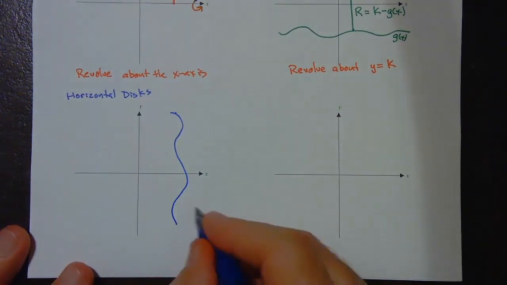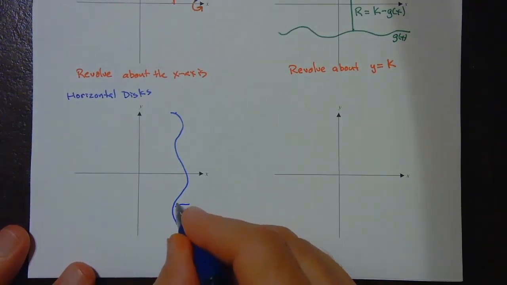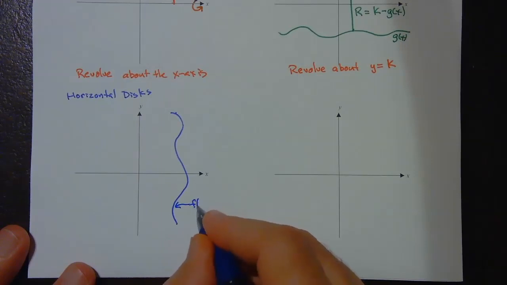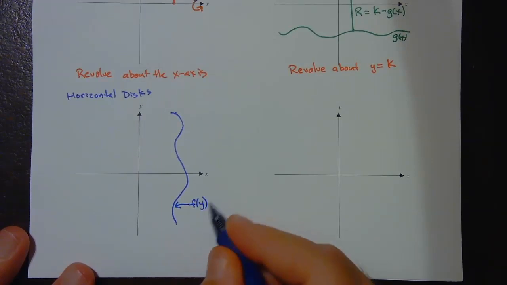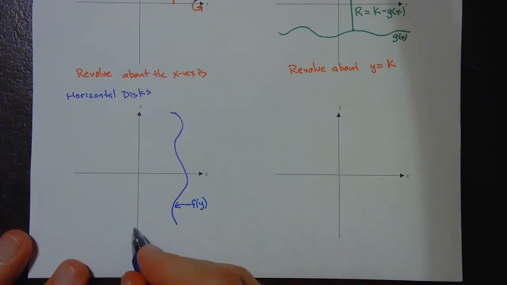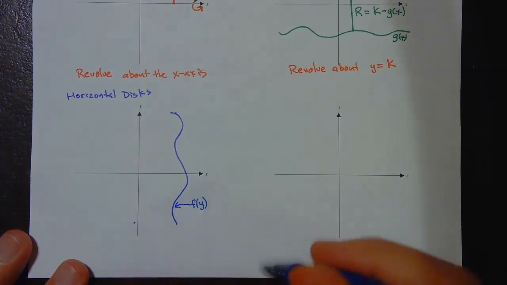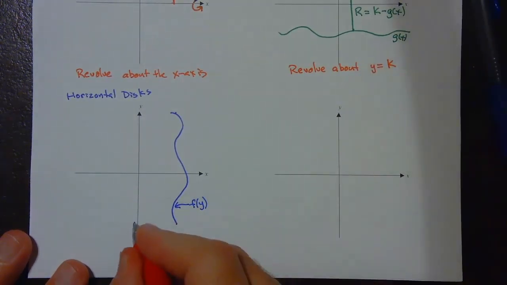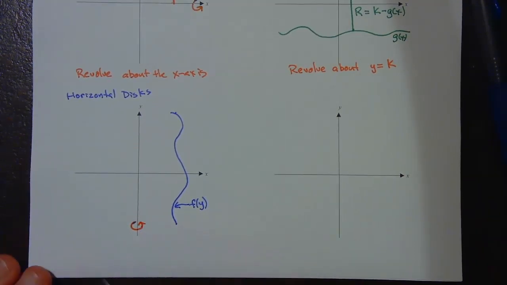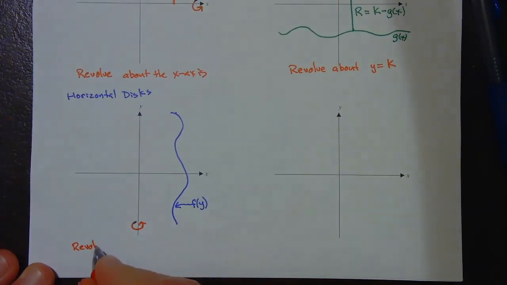This isn't f of x, instead it's f of y, and we're going to rotate around the y-axis. So this time we're rotating around the y-axis, revolving about the y-axis.